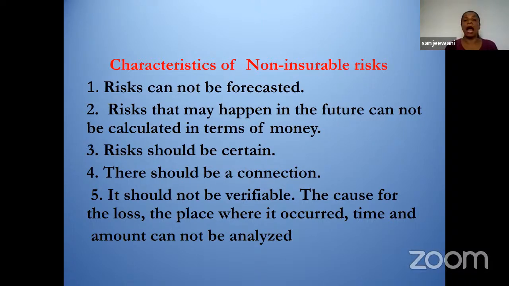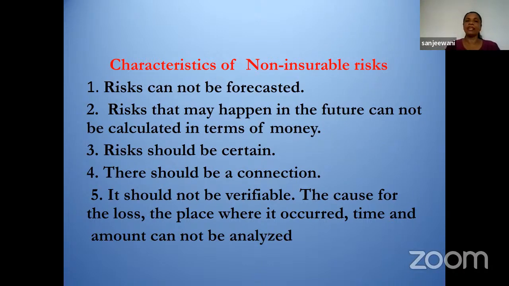Then risk that may happen in future cannot be calculated in terms of money. Then risks are certain. You know that will happen definitely. So those risks you cannot insure, right? Non-insurable risk. Then there should be a connection, and it should not be verifiable. You can't exactly tell the amount and the time, right? So you cannot verify. And these are the characteristics of non-insurable risk.